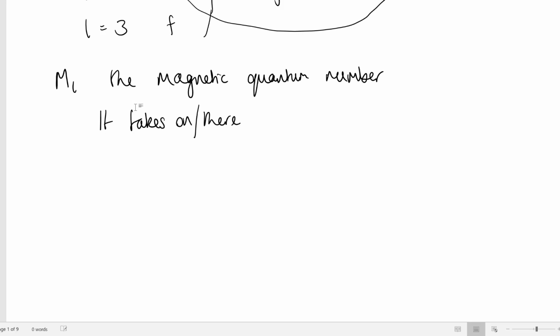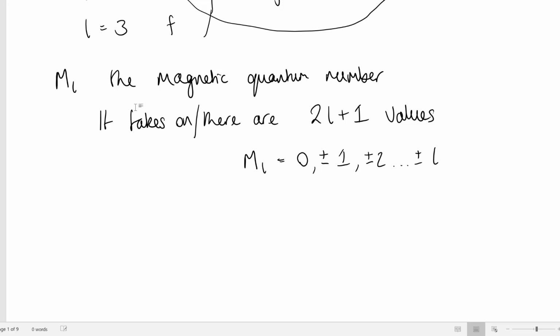So another way of writing that is m sub L is equal to 0, plus or minus 1, plus or minus 2, all the way up to plus or minus L.